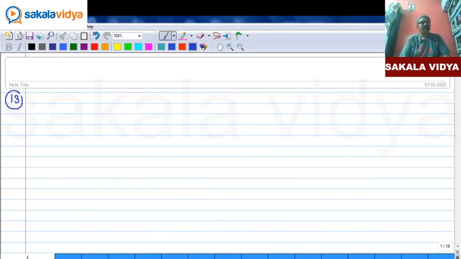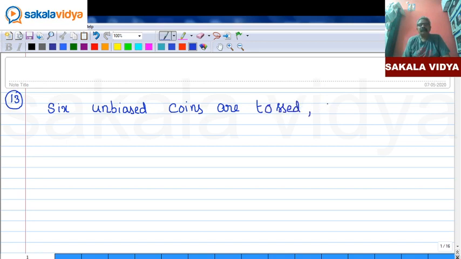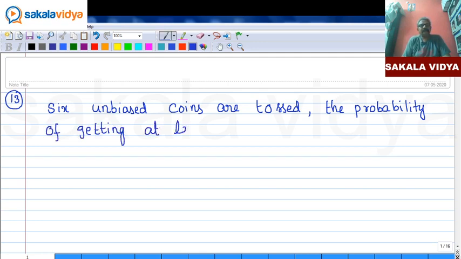So 13th, six unbiased coins are tossed. The probability of getting at least two heads is, this is the question.